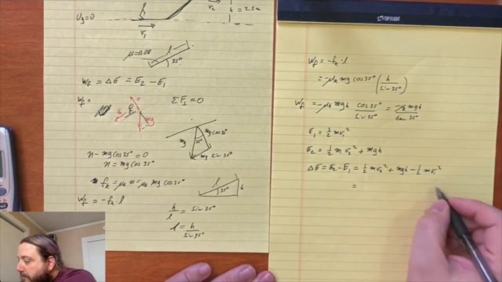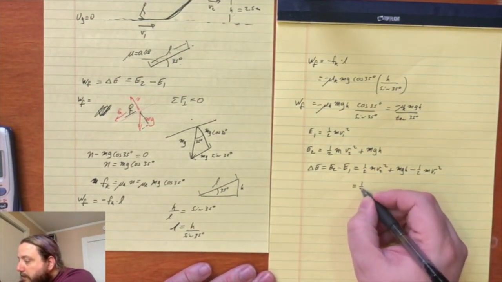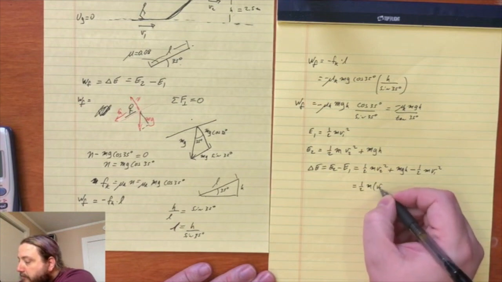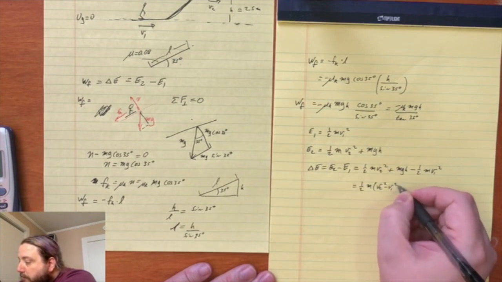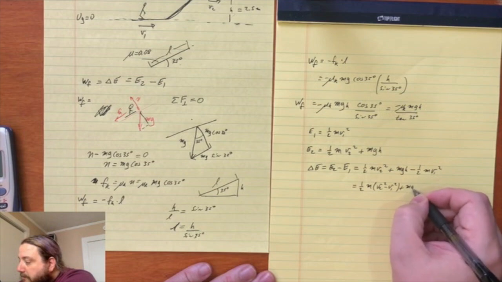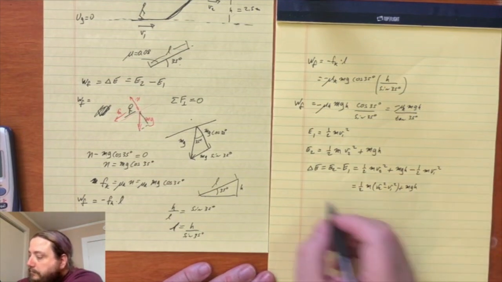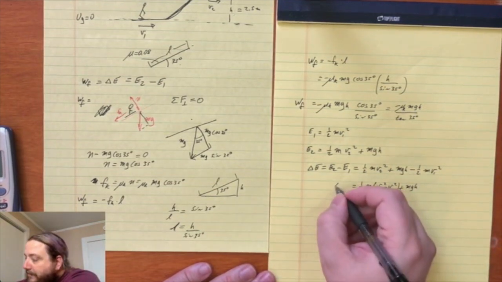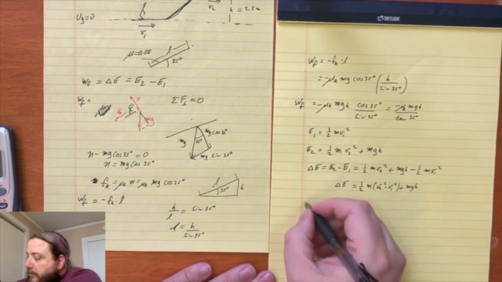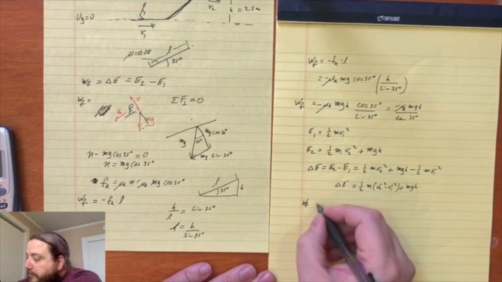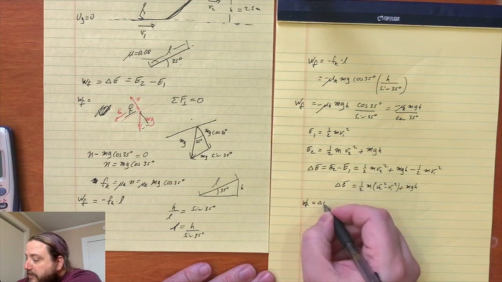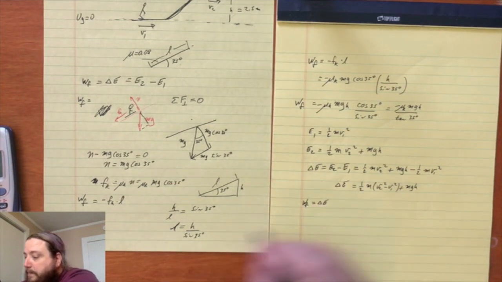So that's 1/2 m (v2 squared minus v1 squared) plus mgh, which is our delta E. And so now we can say that the work done by friction is the change in the energy.